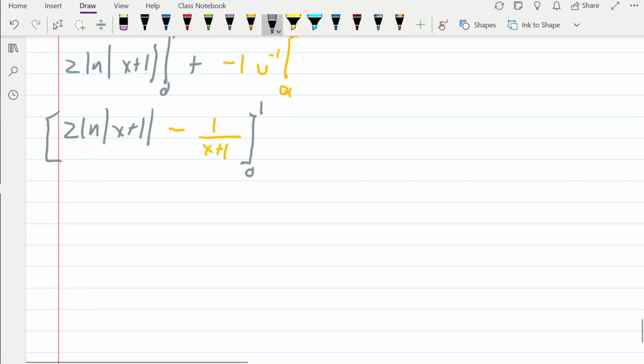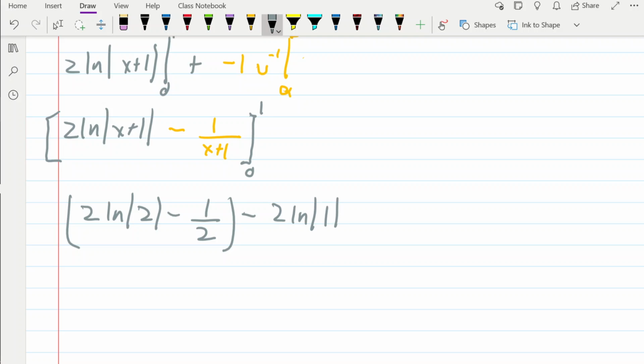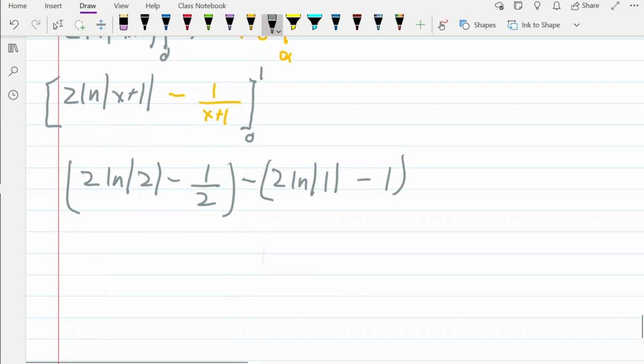All right. So then now we can plug in our numbers. So we're going to have 2 ln of 2 minus 1 over 2, minus 2 ln of 1 minus 1 in parentheses. And then we can simplify.